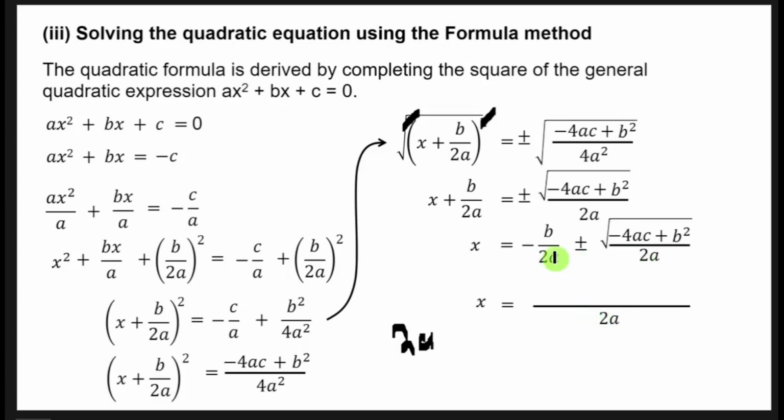So say 2a into 2a, 1 times negative b, it is negative b. Then this plus or minus will come. Then we'll say 2a into 2a, 1. 1 times this expression above here, it is the same expression above here.